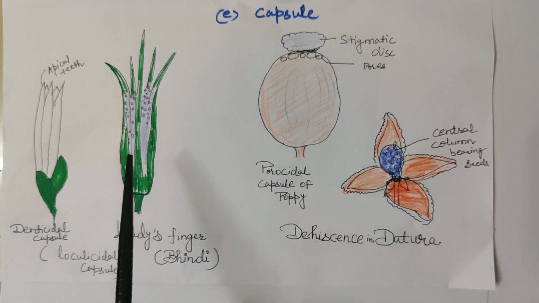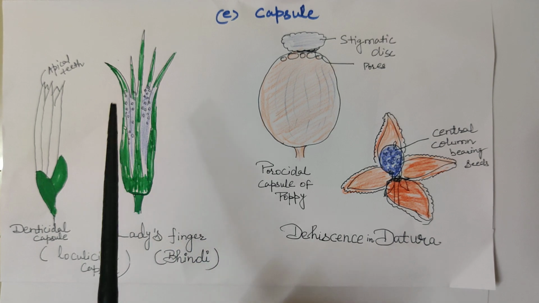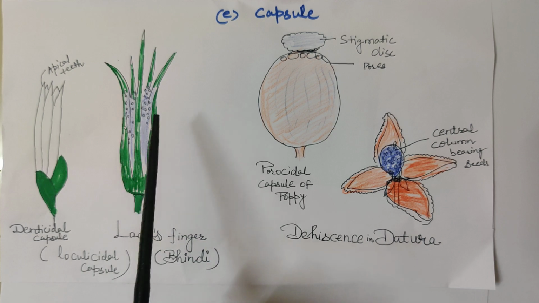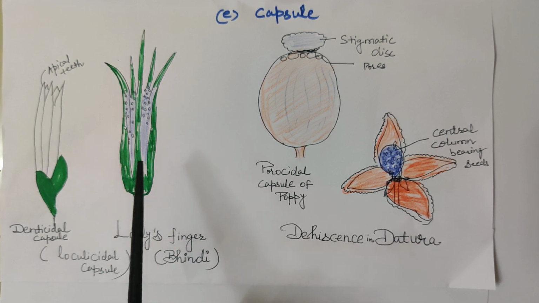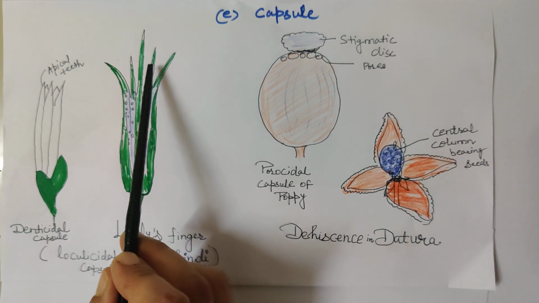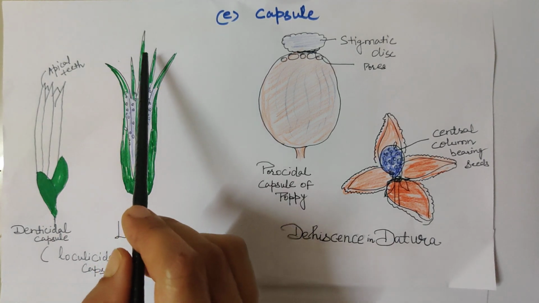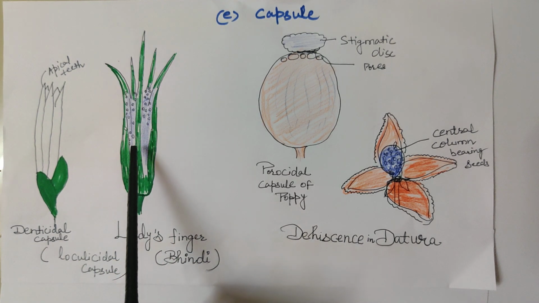This picture is showing lady's finger, bhindi. As you can observe in that fruit, there are various lines on it. When it matures, it ruptures in this way: these structures are representing the valves. These valves split up and there is release of seeds in this manner.